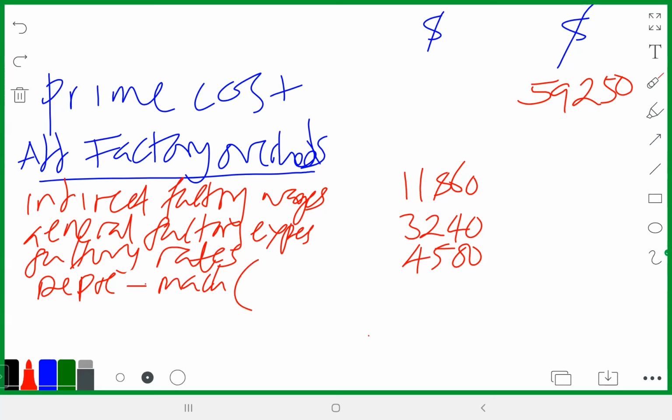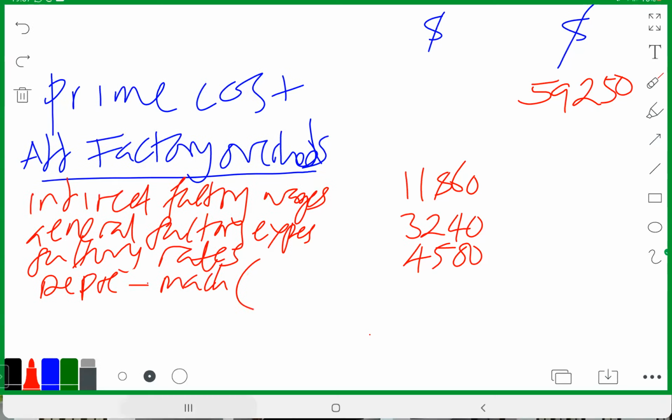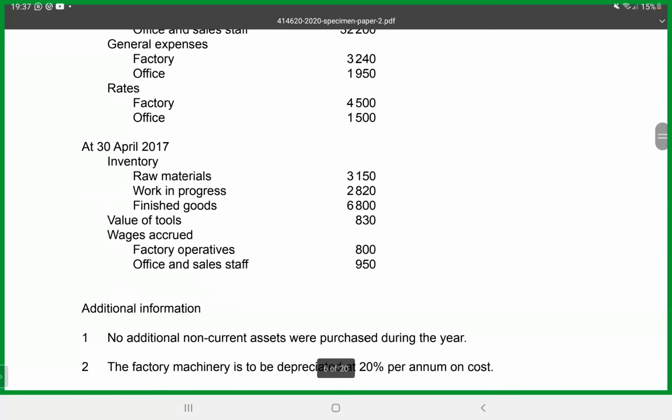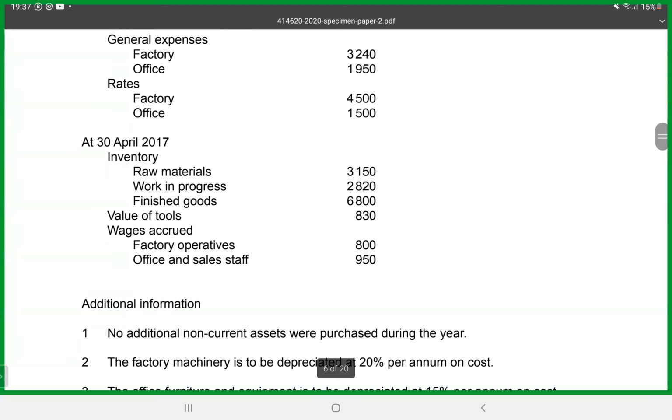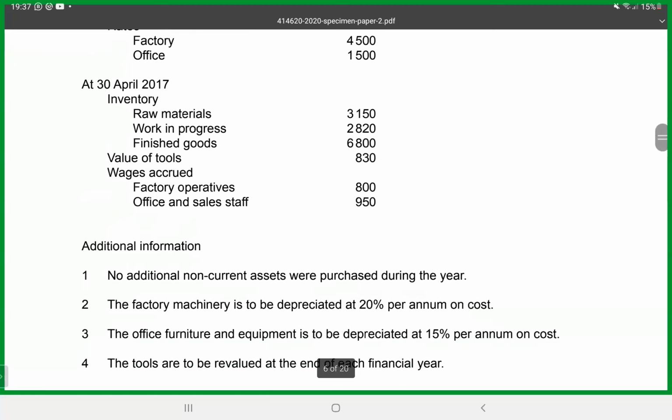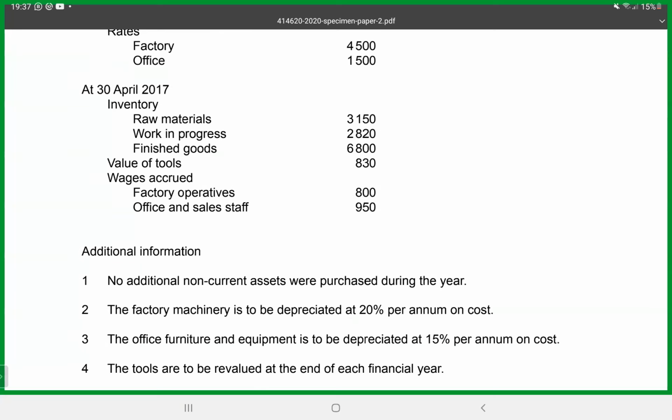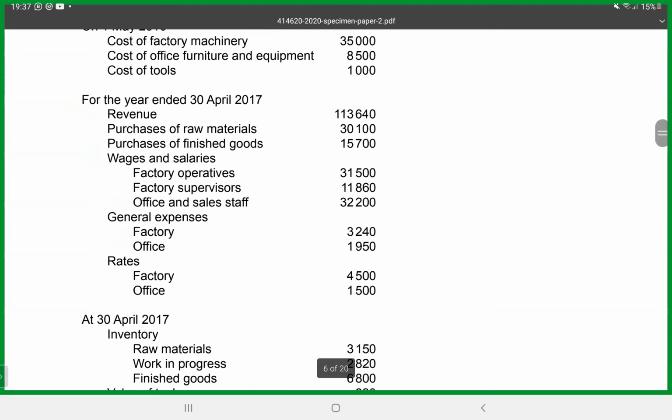Depreciation on machinery, that is to say, the value that the machines have lost. We are told that the factory machinery is to be depreciated at 20% per annum on cost, which means 20% of the cost of the machinery.